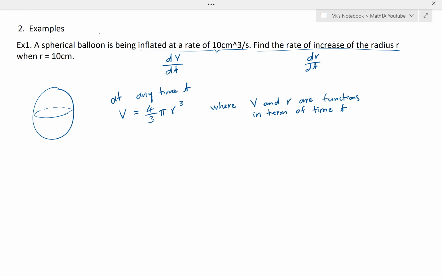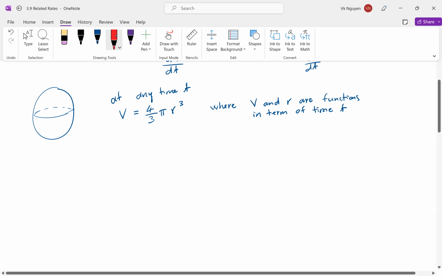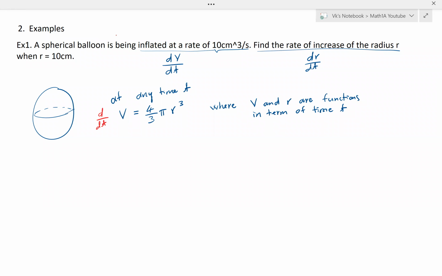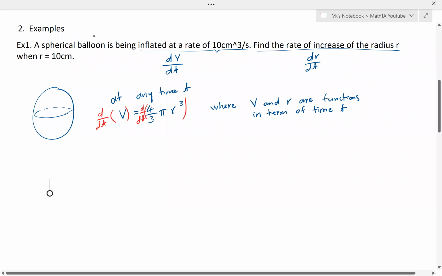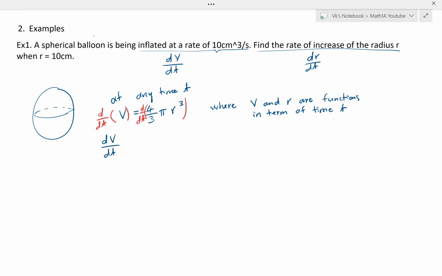Once we have this formula, the next step is to take the derivative with respect to t on both sides. Apply the chain rule, so we have dV over dt equal to 4 over 3 pi times the derivative of r cubed, which is 3r squared, and because of the chain rule, times dr over dt.